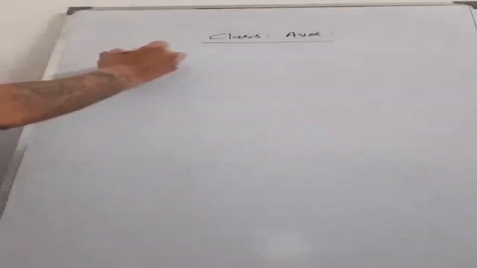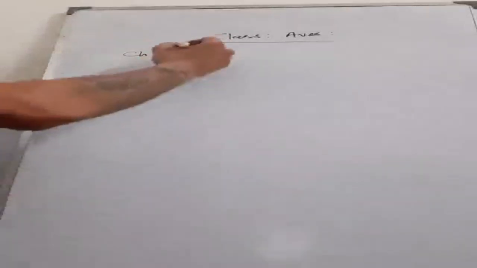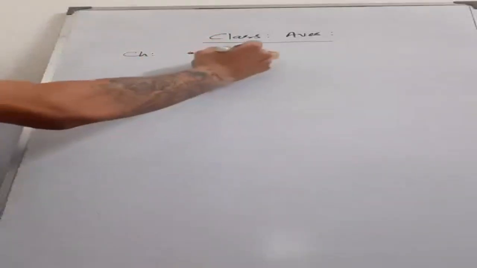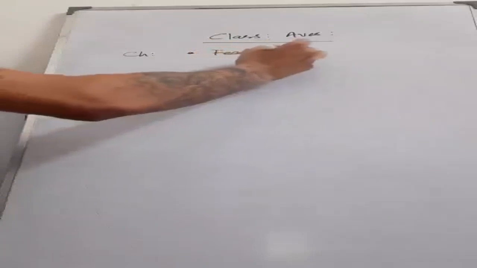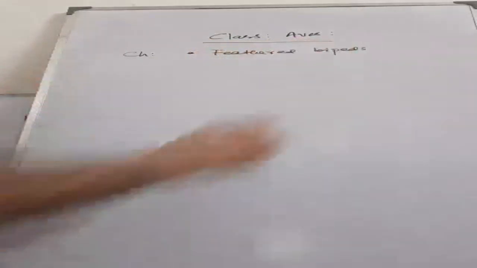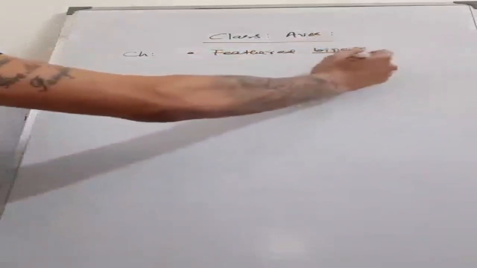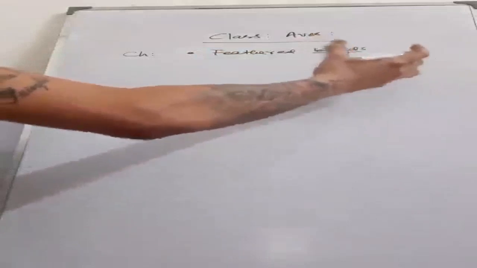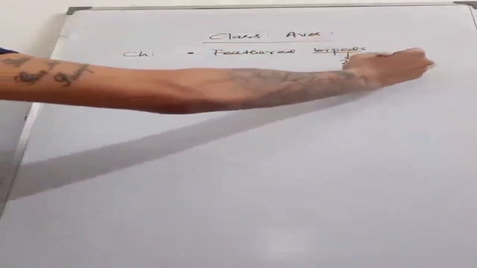What are the different characters of class Aves? The first thing, these are known as feathered bipeds. Bipeds means, bi means two, ped means feet, that is, two-legged. They are known as bipeds, and they have feathers also.